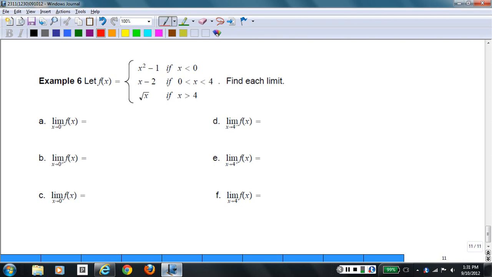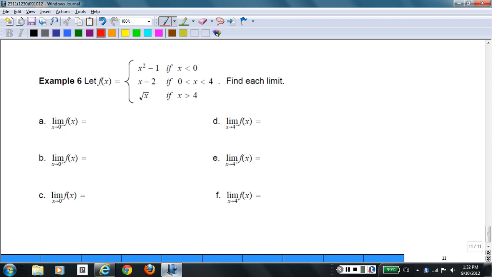This function looks like it might be undefined at 0 and undefined at 4, and maybe some other places. But hopefully, as x is close to 0 and close to 4, we can evaluate it and then evaluate these limits. Consider what happens as x approaches 0 from the left.